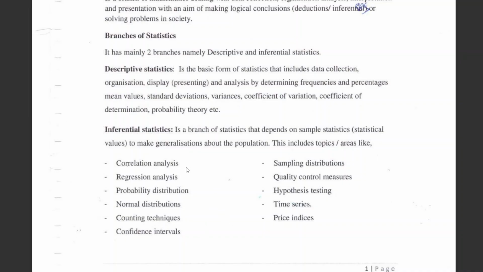That's why all these topics, this includes topics in areas like, I'll start with sample distribution because we are going to look at it in detail, and that will be the end of our sharing.